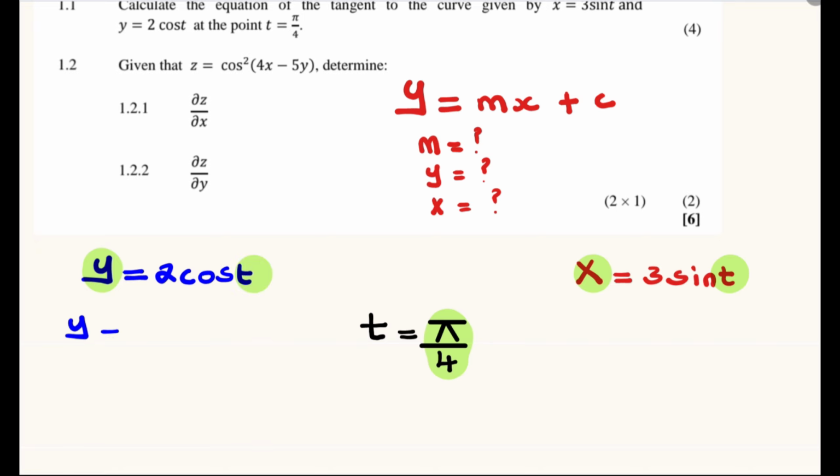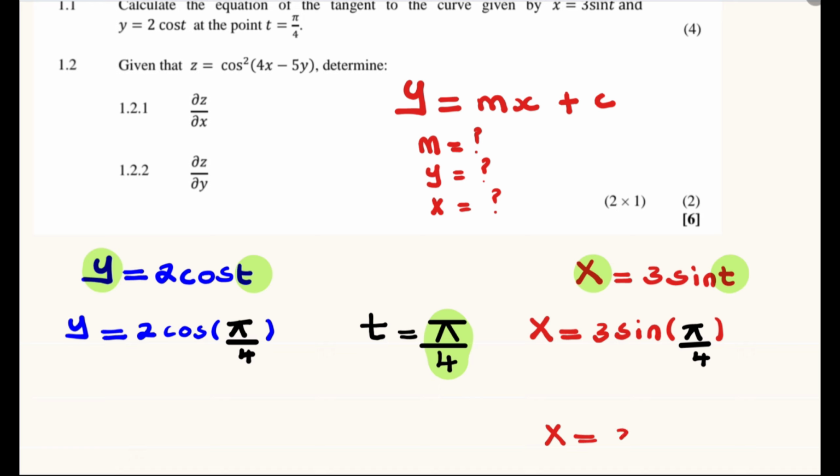So we have y is equal to 2 multiplied by the cos of pi divided by 4, and our x will be equal to 3 multiplied by the sine of pi divided by 4.